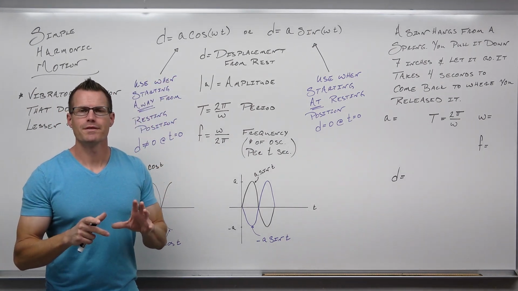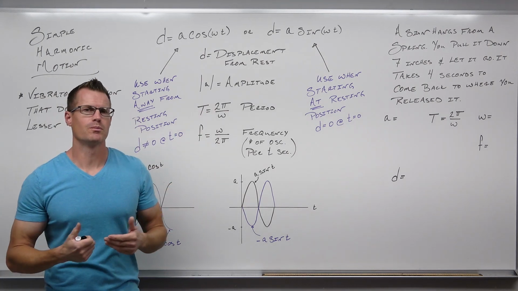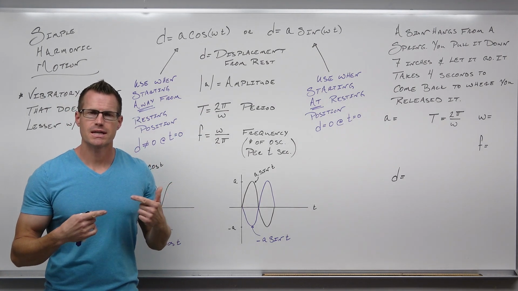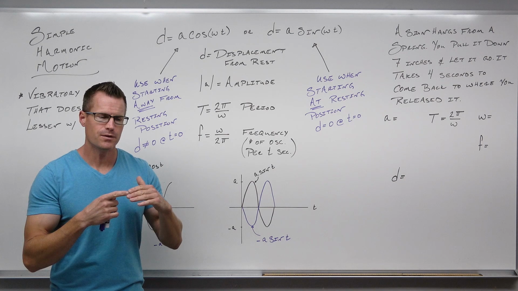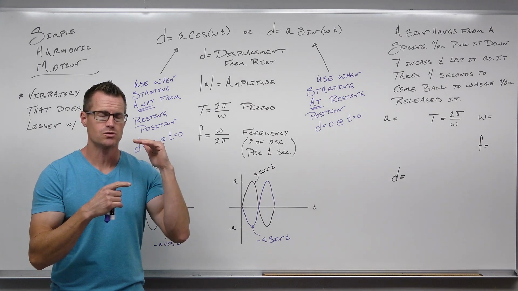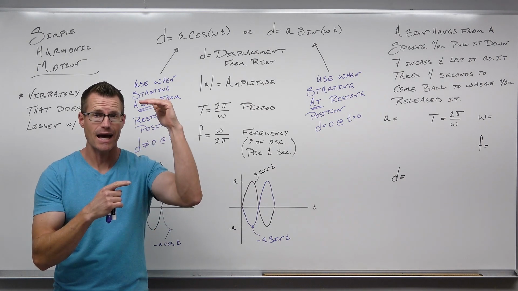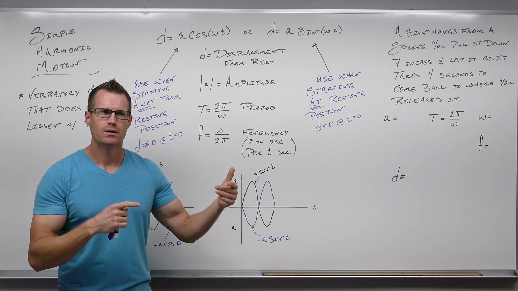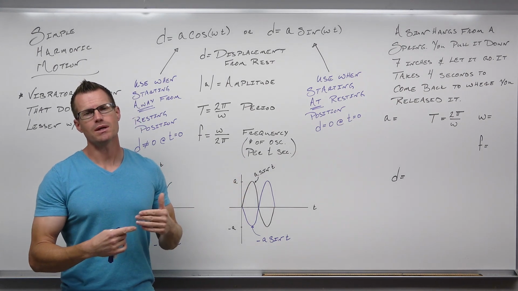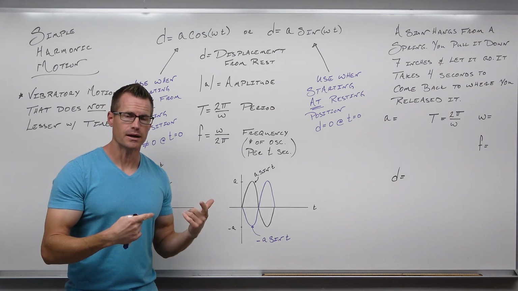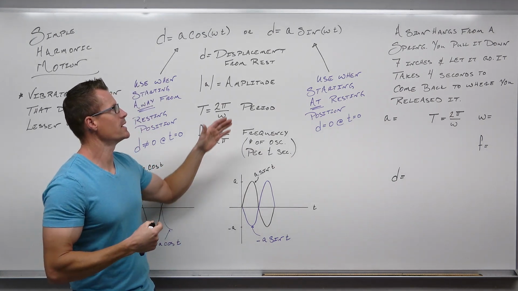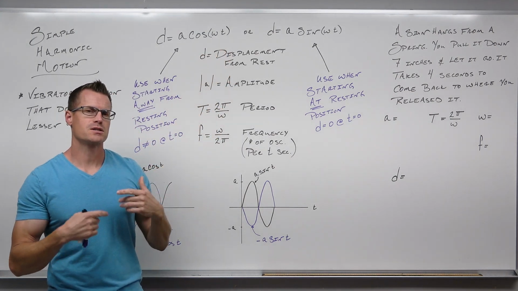So let's talk about what these things are that I've written on the board. This letter D stands for displacement, or the amount of distance between its resting position and where it is over a period of time. Now, there's two functions we can deal with that do this, cosine and sine. And we're familiar with them pretty much, that, hey, that omega affects the period.